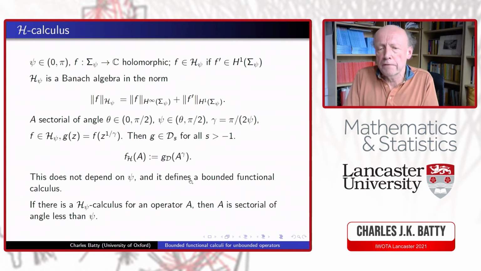And it defines a bounded functional calculus. And again, if there is an H psi calculus for A, then A is sectorial of angle less than psi. So here in H psi, we're looking at functions which are potentially defined on a smaller sector than the half plane.